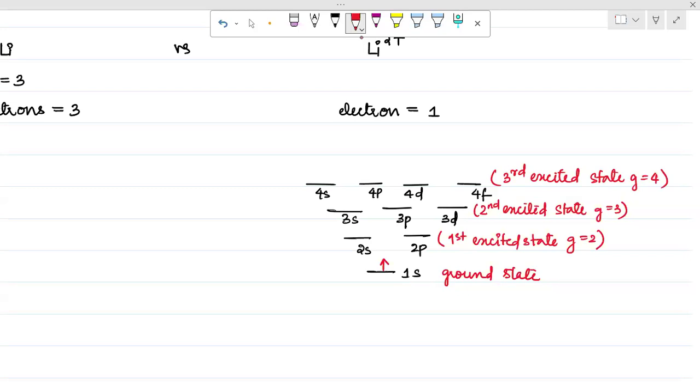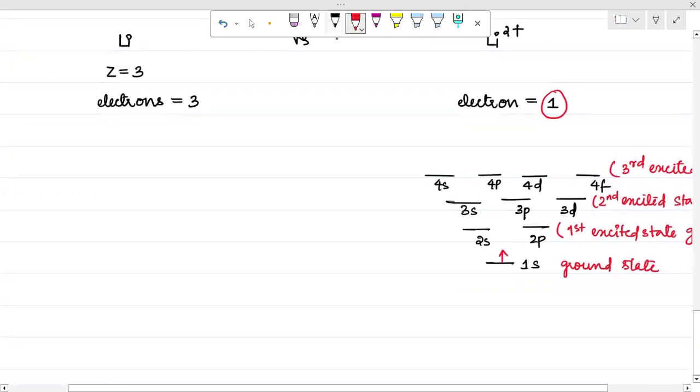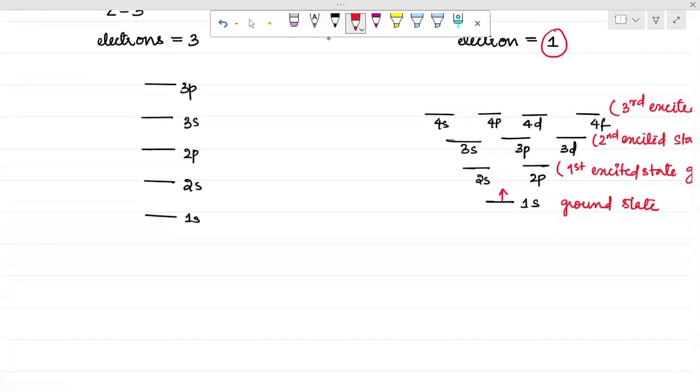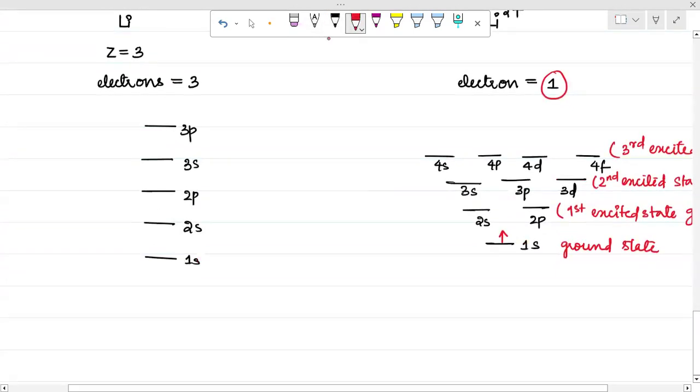This is the case only because there was only one electron present. But what if it was lithium? Then the system you have is 1s, 2s, 2p, 3s, 3p, 4s, and so on. You have 3 electrons. Each orbital can accommodate 2. 1s has only one orbital, 2s also has only one orbital. So the configuration is 1s2, 2s1.